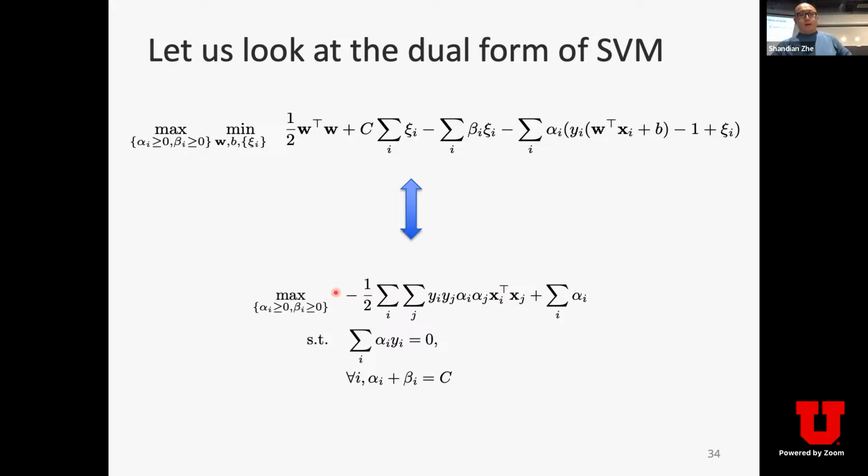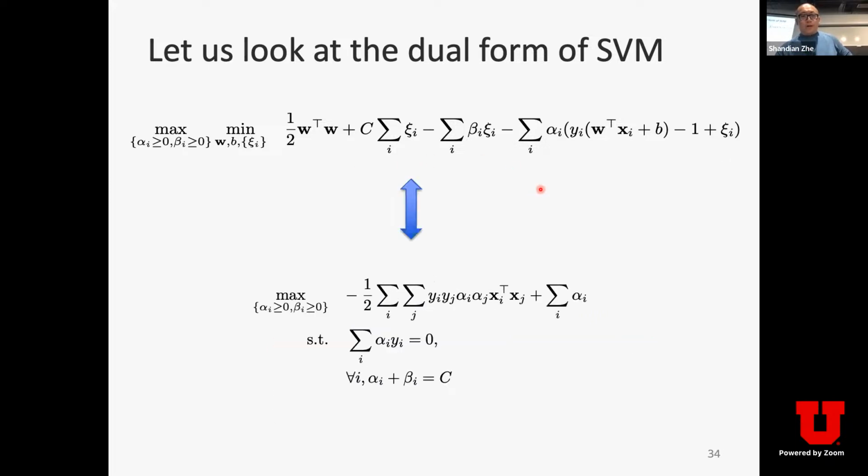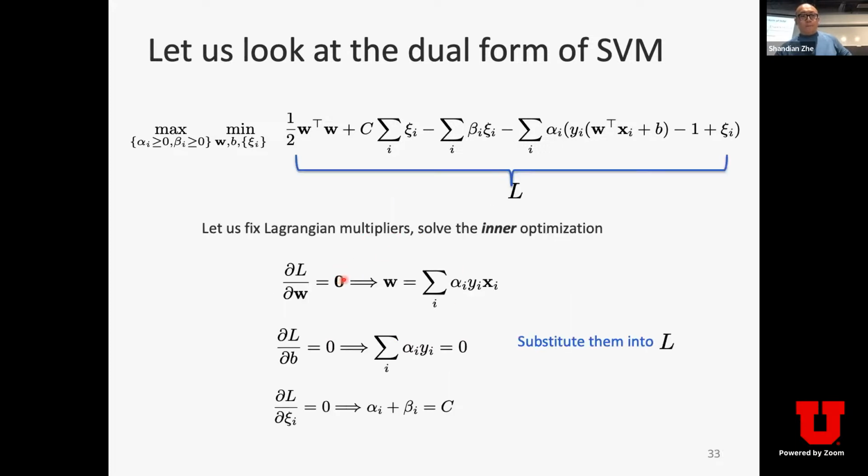Meanwhile, we need to be clear that the minimum value of L, which is here, is obtained only when all these 3 equalities hold. So that means you need to respect that this equality and this equality are satisfied.